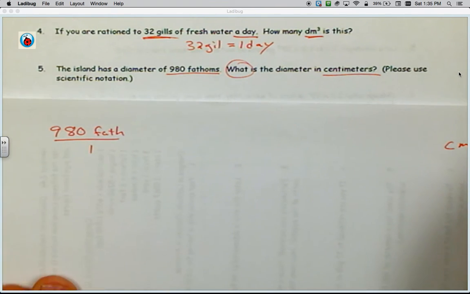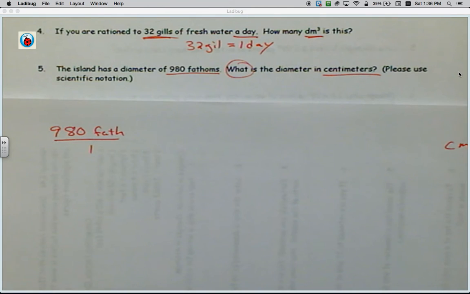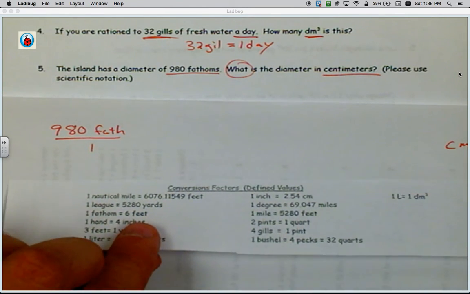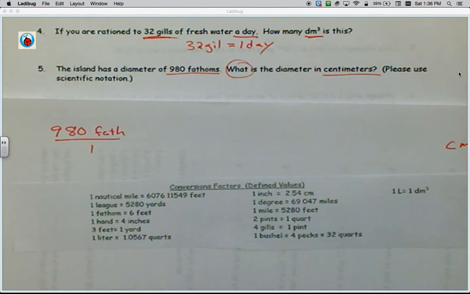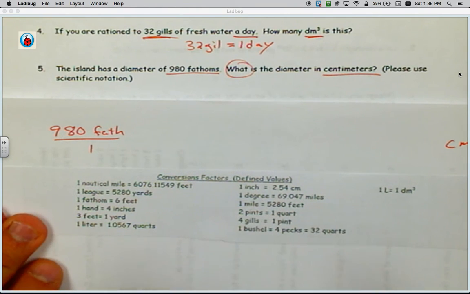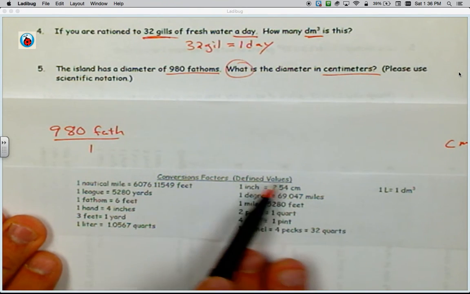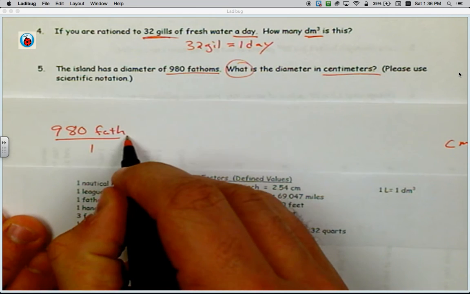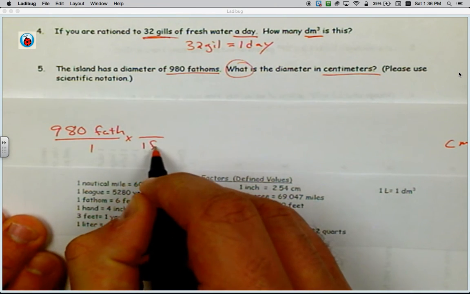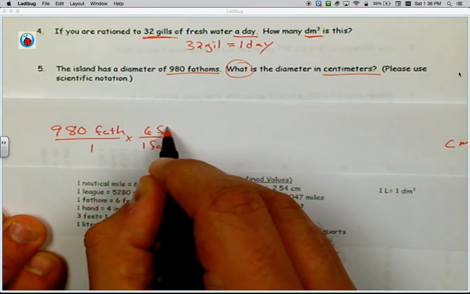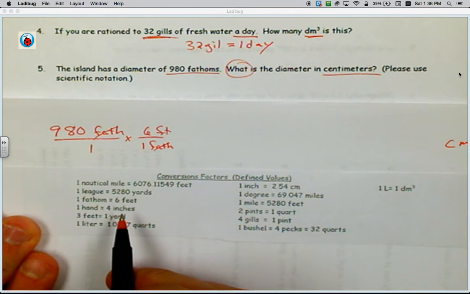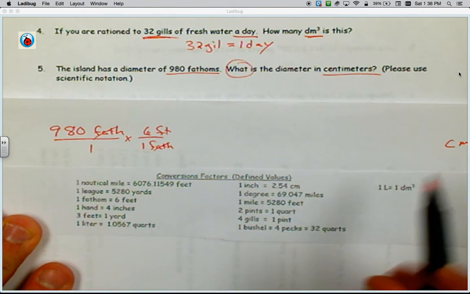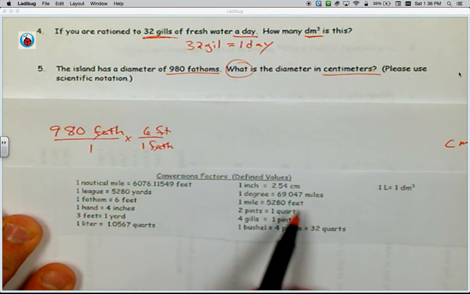All right. Well, back to our handy little conversion table here. We need to know something about fathoms. 1 fathom, 6 feet. Fathoms are on top, so we're going to put it on bottom. And we're into feet. We're trying to get to centimeters. Oh, there's some centimeters.